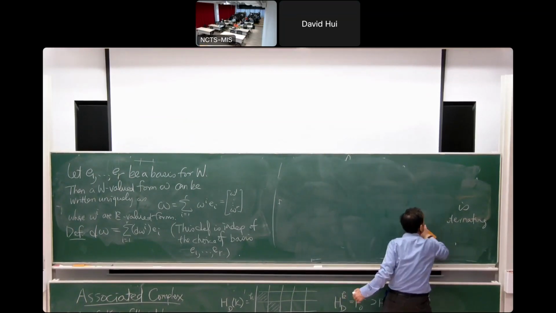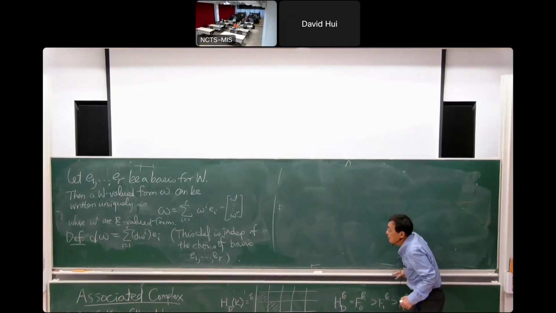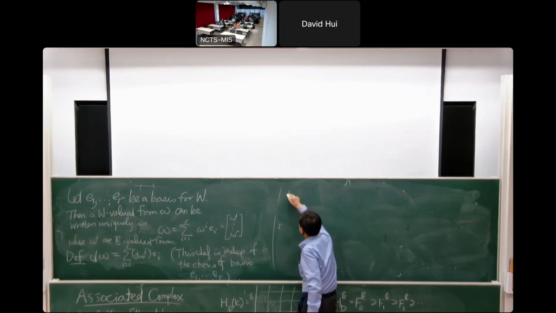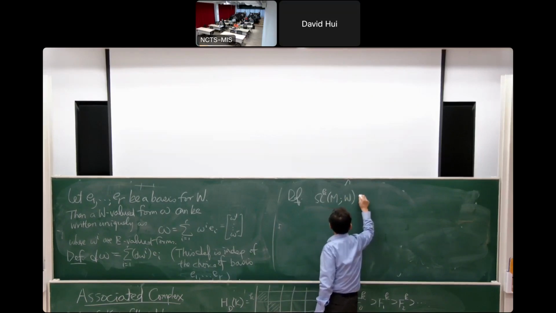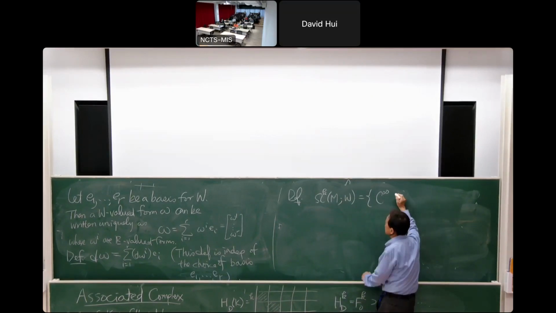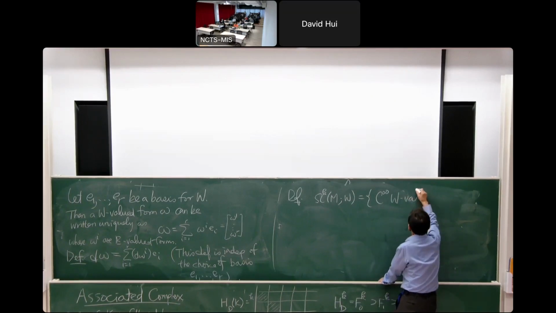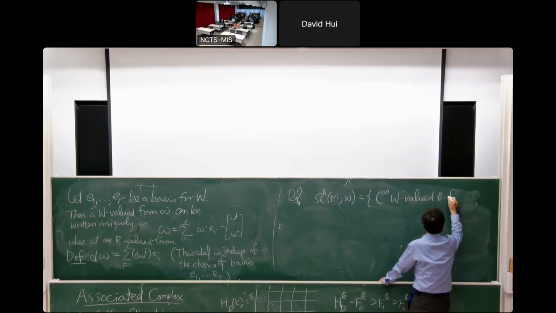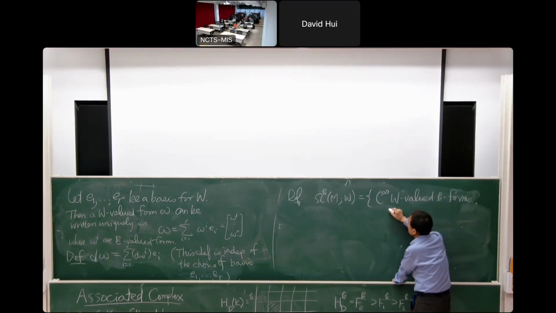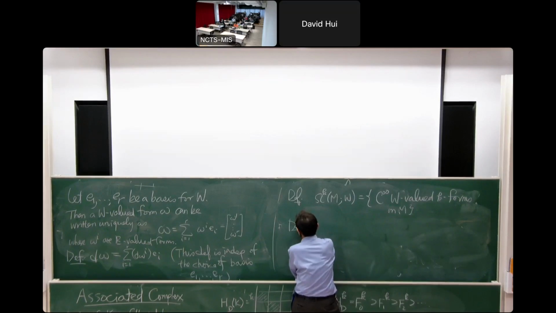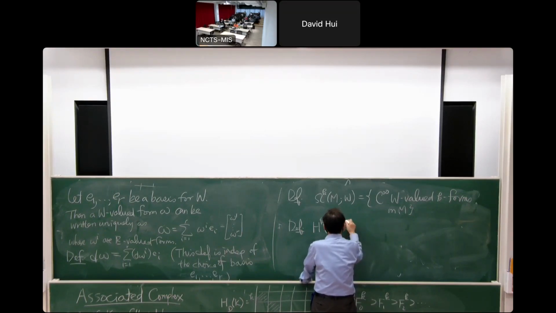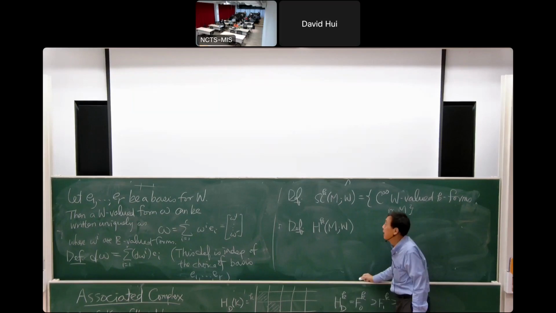Okay, so, all right. So definition, then Omega^k(M, W) is the C infinity W valued k-forms from M. Yeah, and you can define the de Rham cohomology with coefficients in W, because you have d.